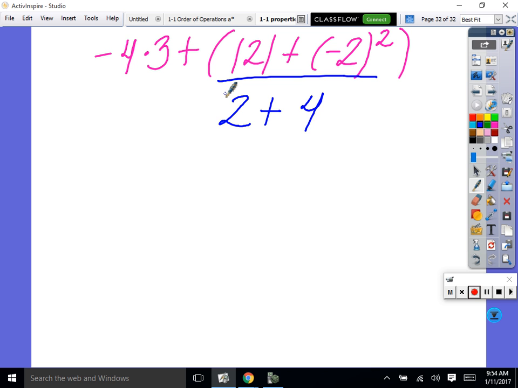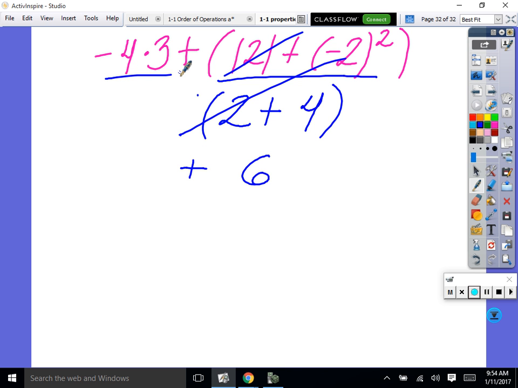Yeah. And then we put our parentheses back in. We keep simplifying in our parentheses, so that's going to become a 6, correct? So we just took care of that, and it's plus 6, right? Yeah. And then we have negative 4 times 3, multiplication comes before addition, so negative 12 plus 6 is negative 6. Okay, questions, are we good?